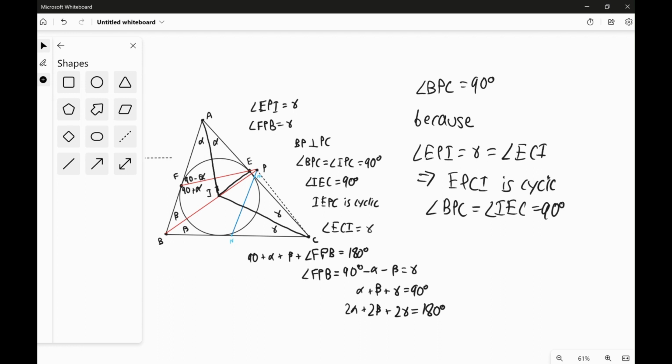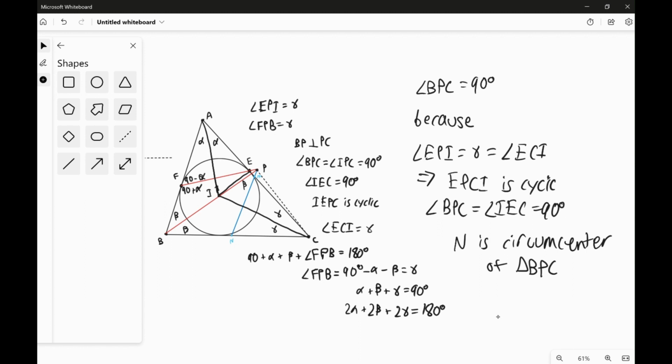And then we conclude by noting that N is the circumcenter of triangle BPC.